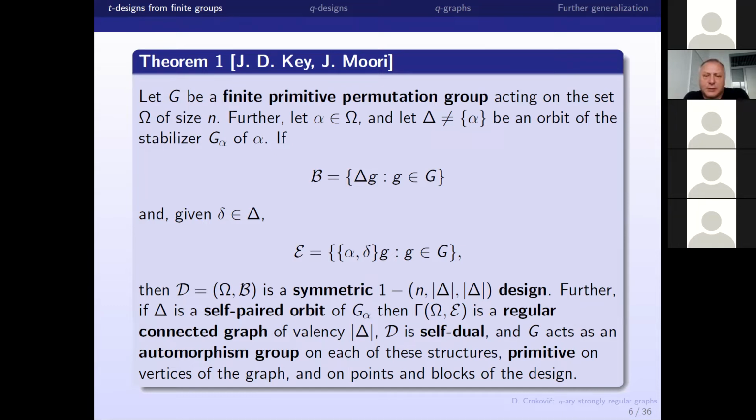We also form a set E of what will be the edges of a graph: these are images of the set alpha delta, where delta is from the set capital delta, and we also take all images when we act by all the elements of G. In that case, the design, an incidence structure with point set omega and block set B, is a symmetric one-design.